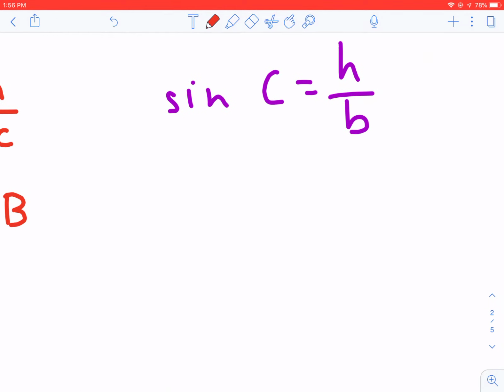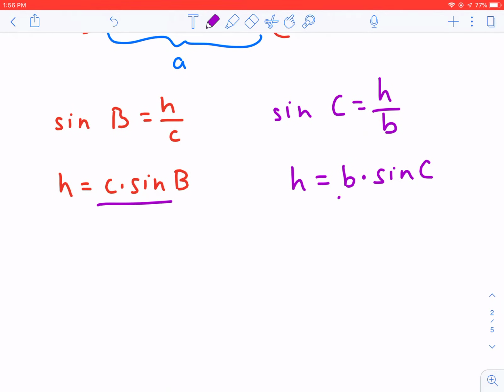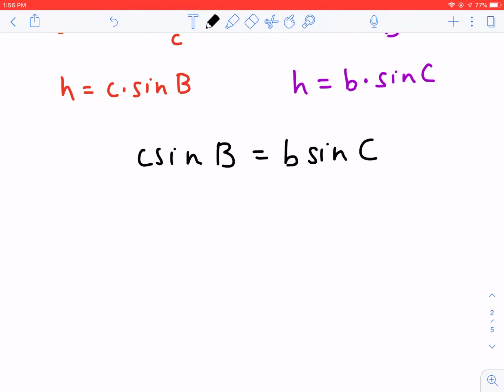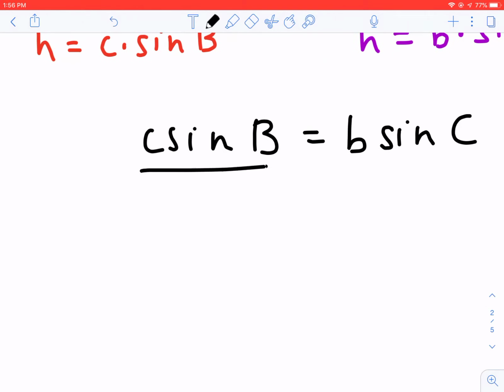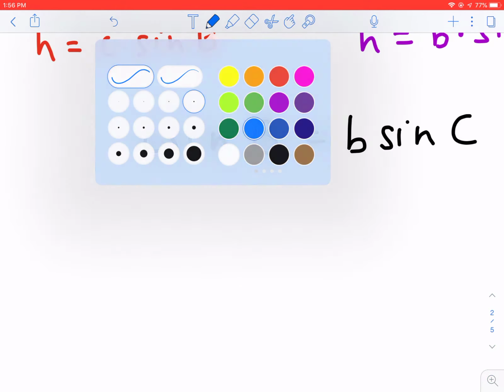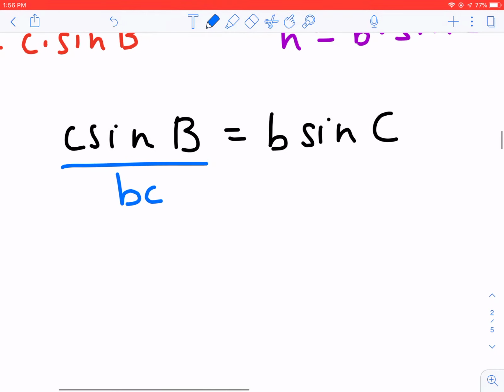And solving for H in this one, if I cross multiply both sides by B, I get H equals B times sine of C. Right, if H is equal to this and H is equal to that, let's do a substitution. That means C sine of B equals B sine of C. And if I divide both sides by BC, just to clean it up a little, I'm doing it to both sides, so that's perfectly fine.